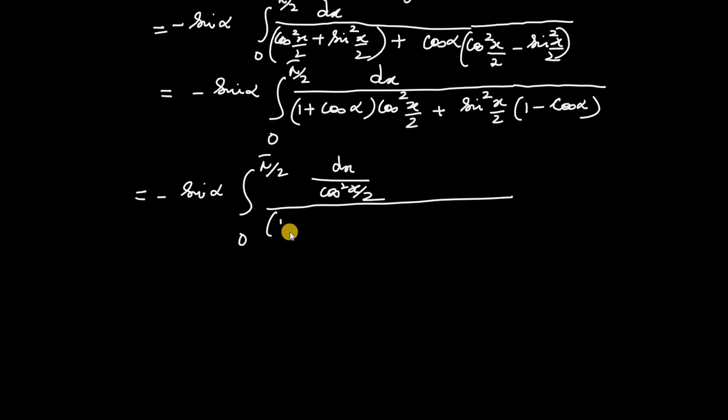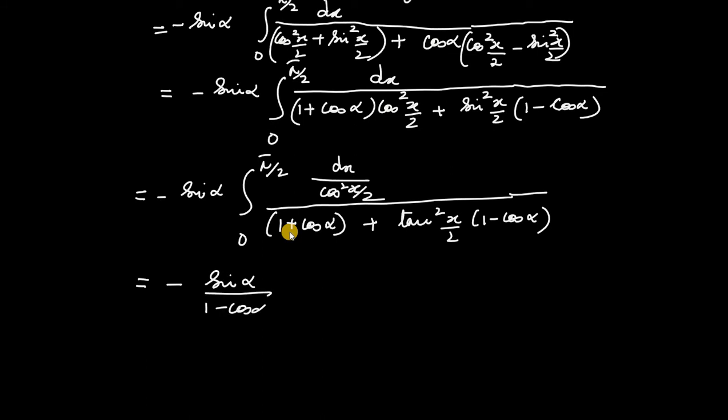So the numerator now becomes what? It will be 1 plus cos alpha only plus tan square x by 2 into 1 minus cos alpha. Now next you divide throughout by 1 minus cos alpha. Then this will be equal to minus sine alpha by 1 minus cos alpha. That is, in the denominator, numerator also you divide by 1 minus cos alpha, and in the denominator also.